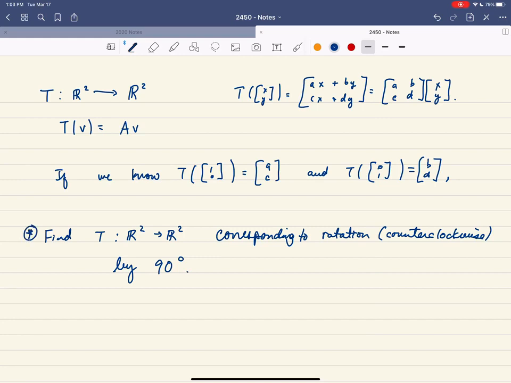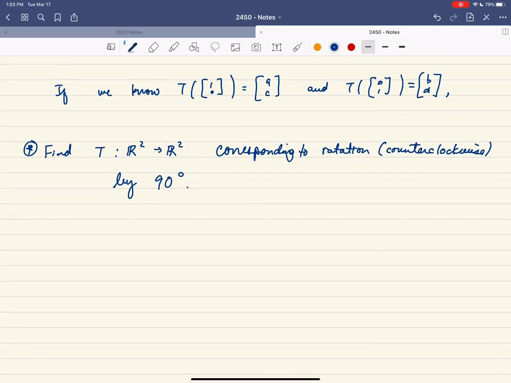I want to figure out the transformation so that if I have any vector, say some vector v, of some particular length, what is the transformation that I have to apply to v so that v gets mapped to the same vector, just rotated.